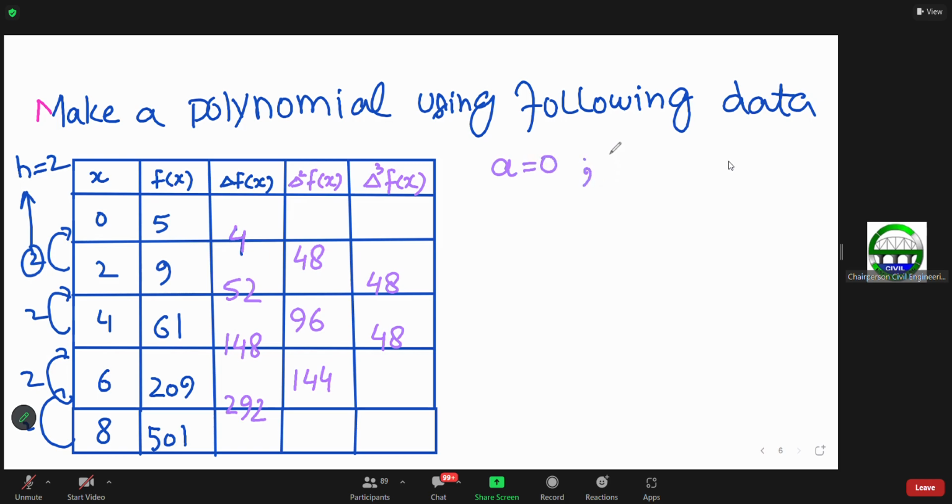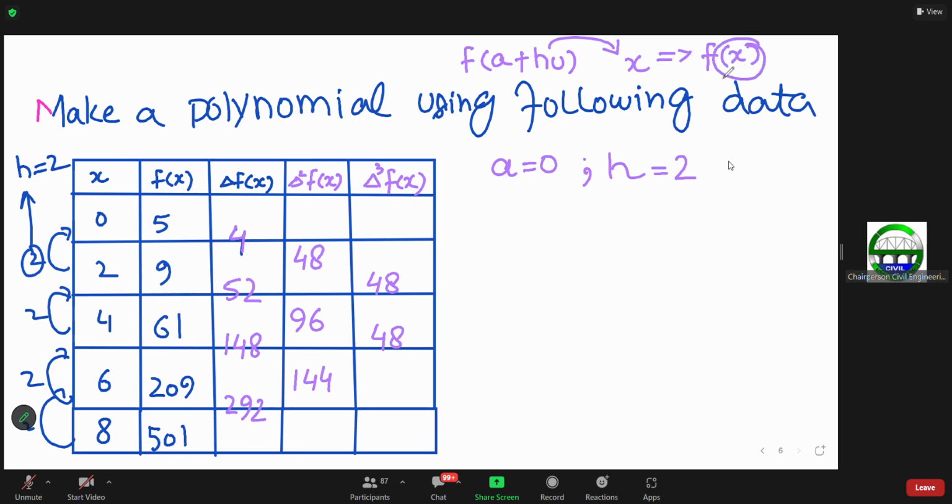What is the value of h? The value of h will be 2. Okay, so let's try to calculate, because our formula is f of a plus hu, right? This a plus hu should be equal to x, because we have to find f of x.